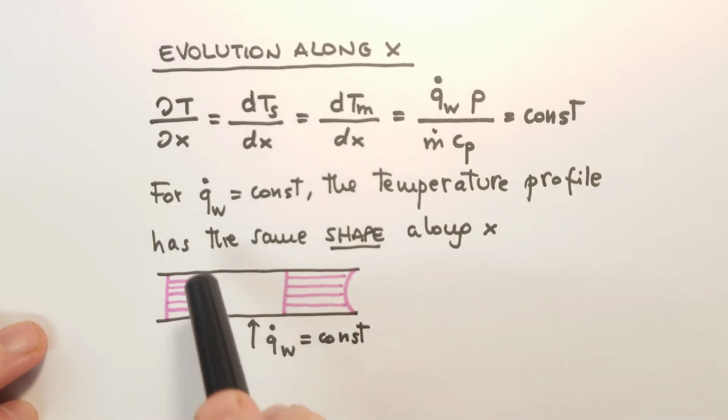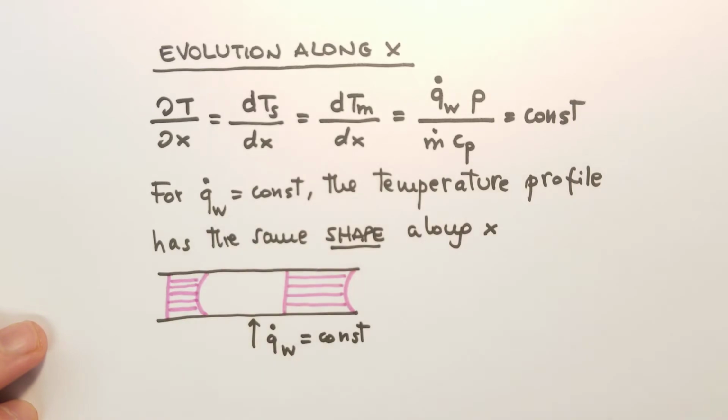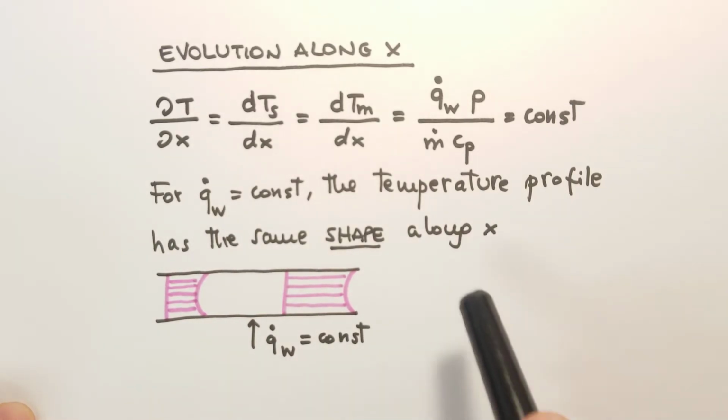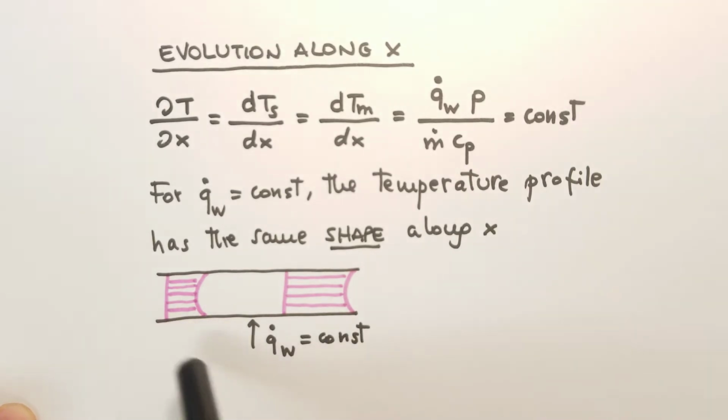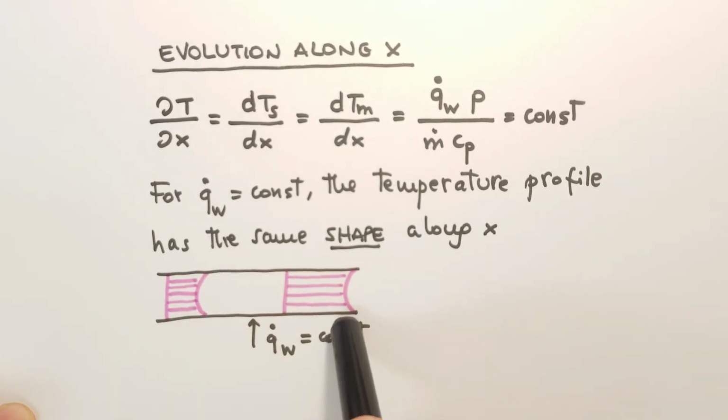So this means that if you have a constant heat flux at the wall, the temperature profile has the same shape along x. So of course the temperature grows because we are injecting heat into the pipe, but the shape as a function of the radial coordinate will be the same.